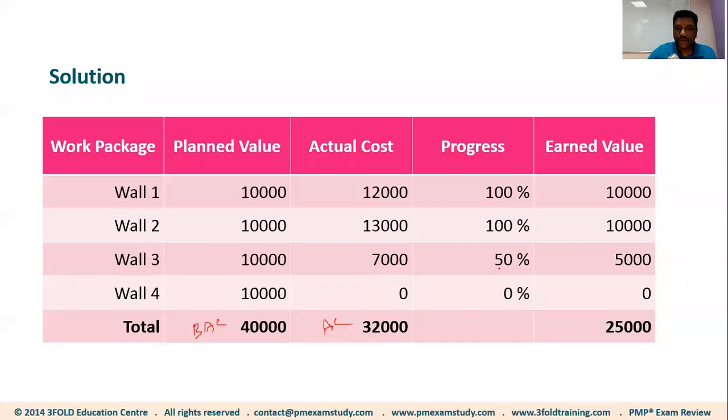That's your actual cost, and the earned value is 25,000, and we should have completed 3 sides of the compound wall as per the plan. So the planned value is 30,000. The cumulative of planned value is your BAC. So these are the 4 metrics we are going to use. BAC is 40, actual cost is 32, earned value is 25, and the planned value is 30,000.